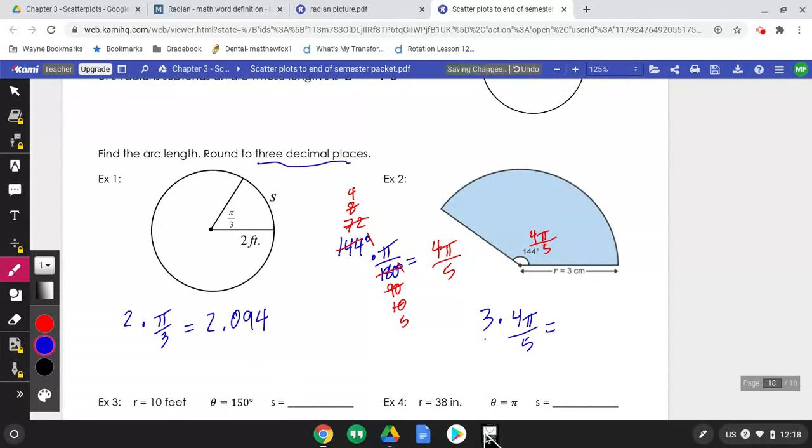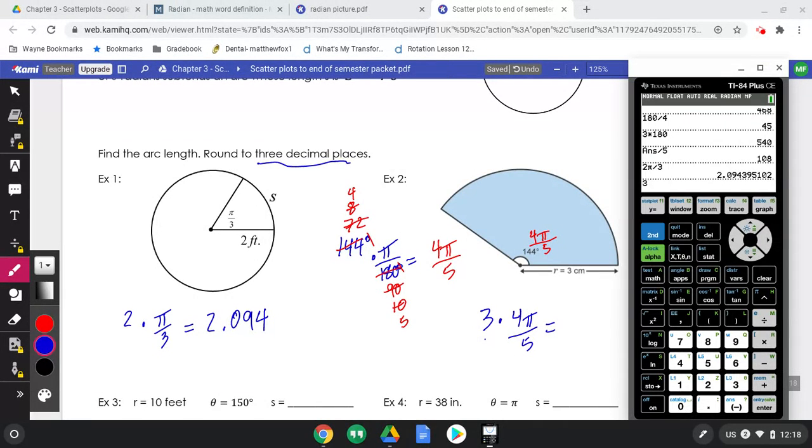So once again, I recommend using the calculator. 3 times 4, I'll go up here, second, hit the caret for pi, divided by 5, we do all that, we get 7.39. Now, we round to the 3rd decimal place, so be careful. It's 398, which means we go up, which causes the 9 to go up also, so 7.540 is what we're going to get.